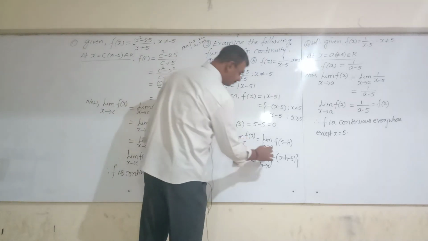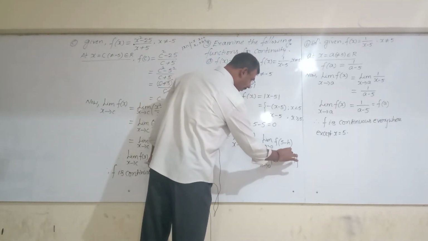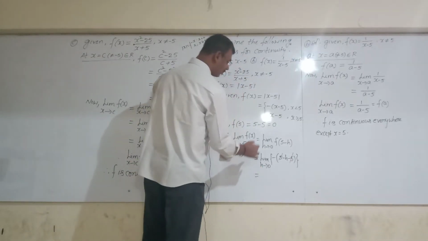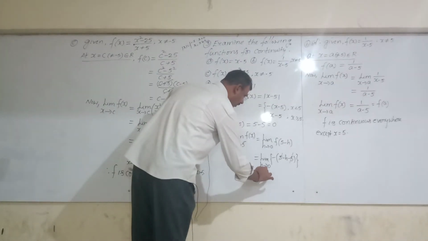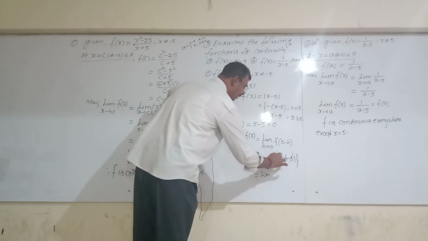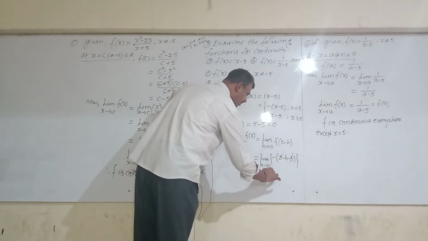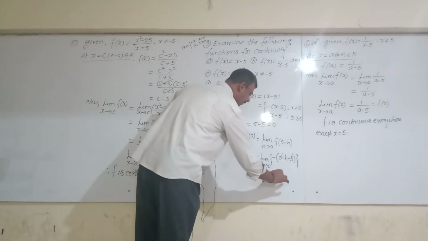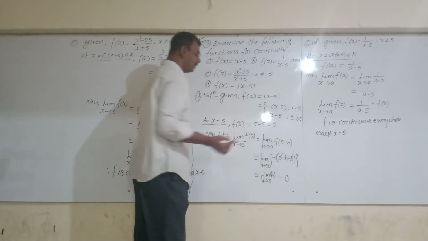Now we simplify. Plus 5 minus 5 cancel. This is equal to, observe that, limit of minus plus h, as h tends to 0. Apply the limit, this becomes 0.